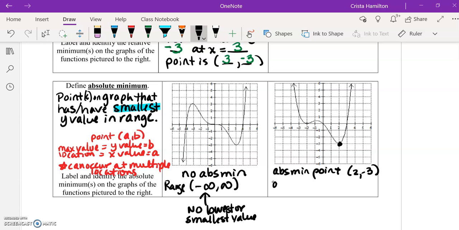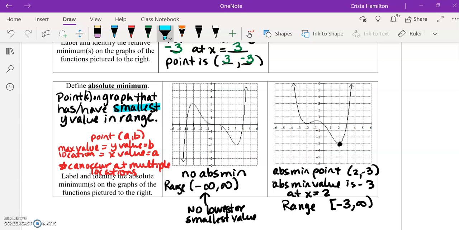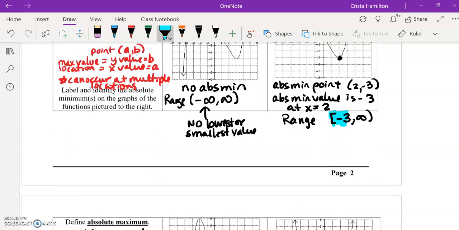And then I would say that the absolute min value is -3 at x equal to 2. Again, showing you the difference, the range in this case is going to be [-3, infinity). We can see right here we have a bracket and a number, and that's what tells me that I actually do have an absolute min when I take a look at that graph.